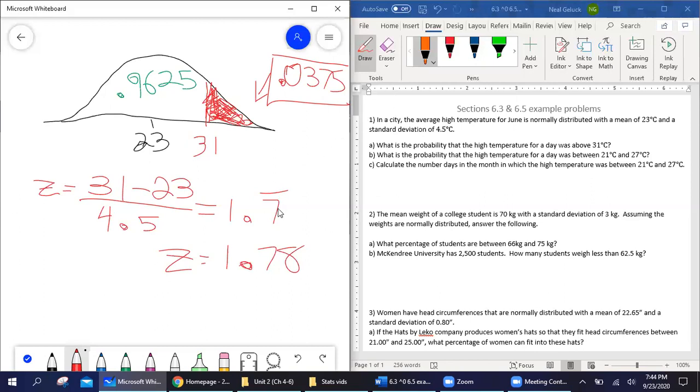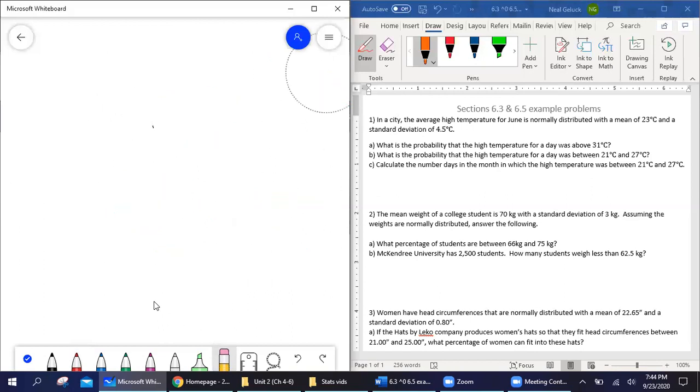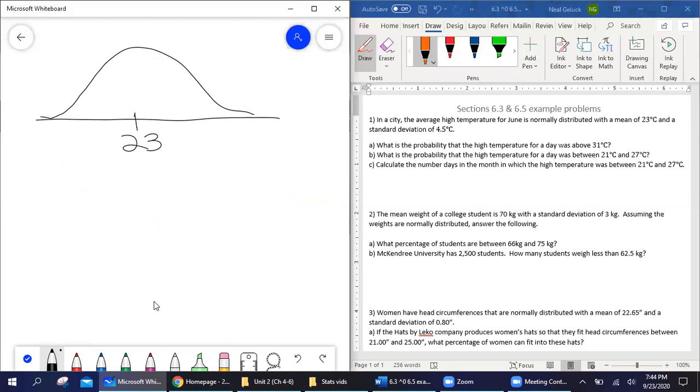For part B, now I'm looking between two temperatures on this. So again, I still have 23 in the middle, 21 and 27.